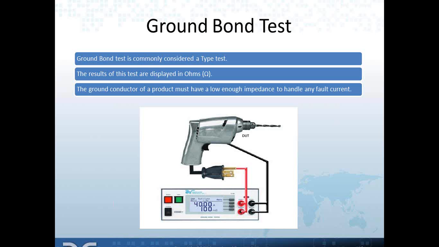Ground continuity test is a quick test to set up and easy to perform, and it's usually used as an extra feature during the high-pot test, whereas the ground bond test provides more valuable safety information about the device being tested.